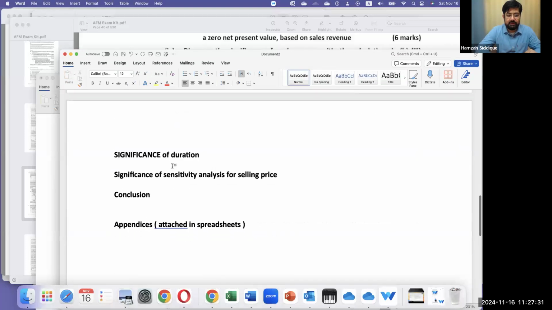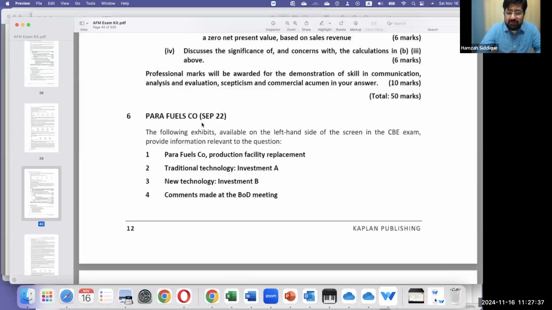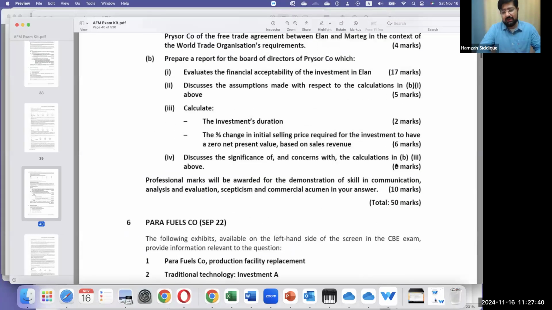Significance of duration. How many marks? Always check your marks. 3 marks. So 3 valid points for duration, 3 valid points for sensitivity analysis.